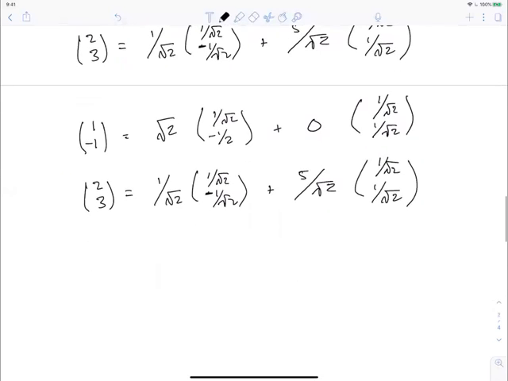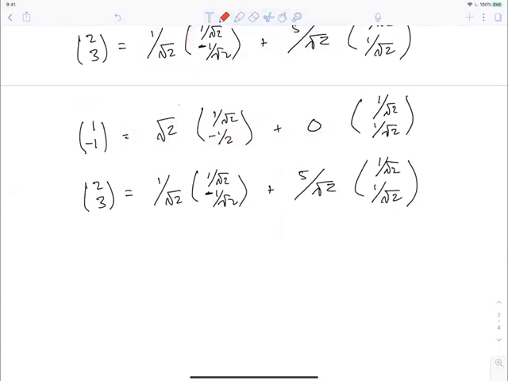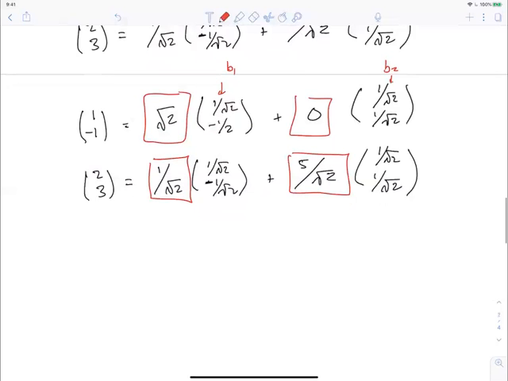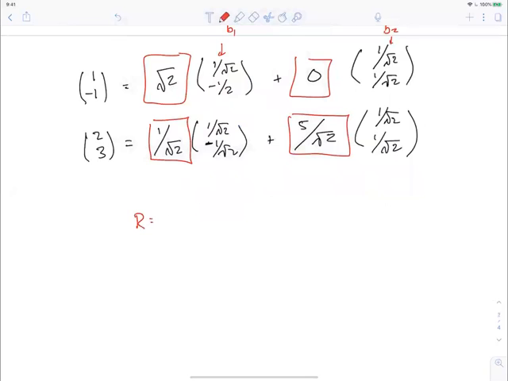Okay, so we're almost there. So it turns out that the R matrix is encoded by just these extra coefficients. So this was the first one, and this was the second vector. And so these coefficients right here are going to encode your R. So I contend that we can take R to just be the transpose of those coefficients.